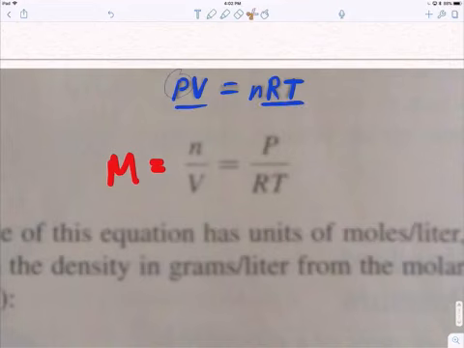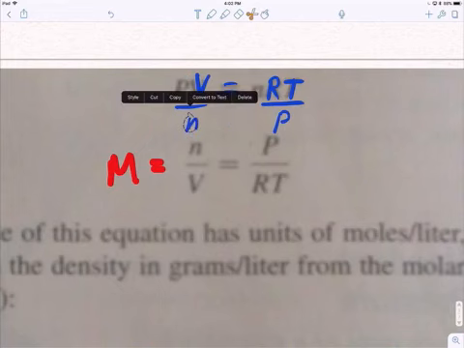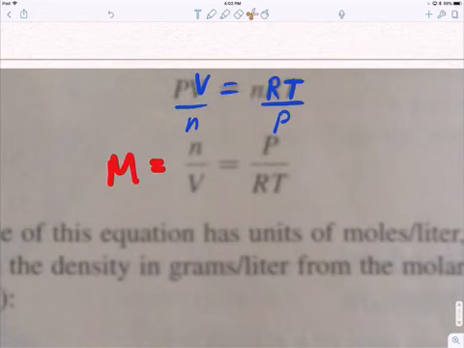We can move the pressure over there and the number of moles over. And now we can flip this and we get this.